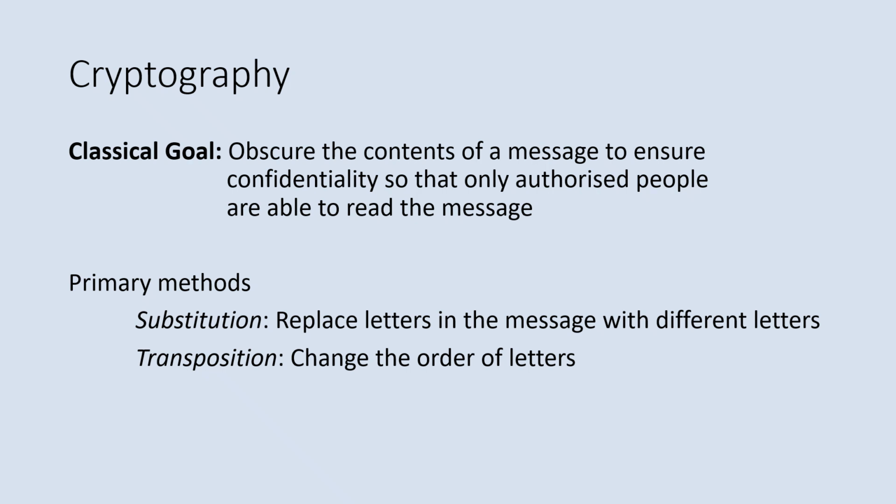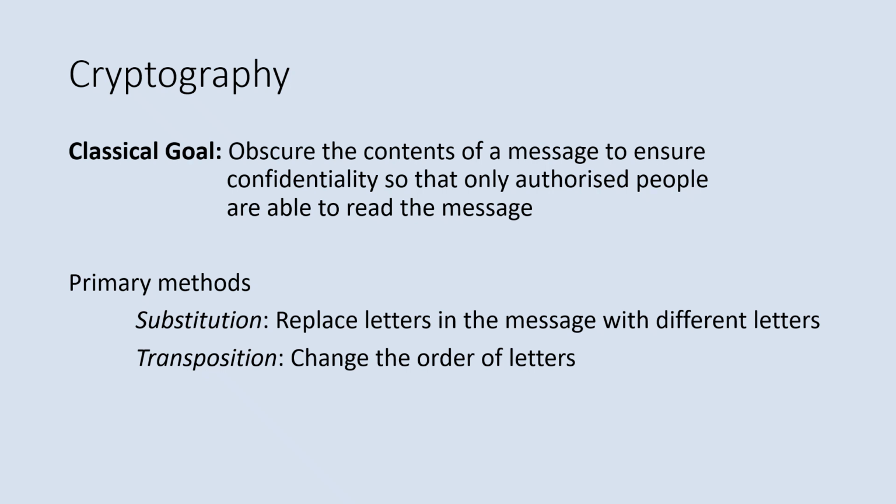Now, modern cryptographic systems will often do a combination of these things, substitution and transposition mixed together in various ways, much more complicated ways than we're going to talk about here, in order to obscure the contents enough to be secure against much stronger resources.